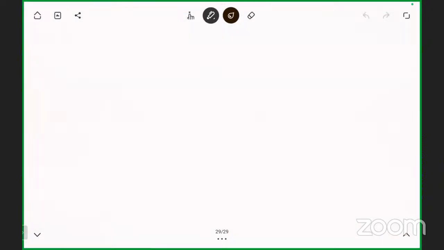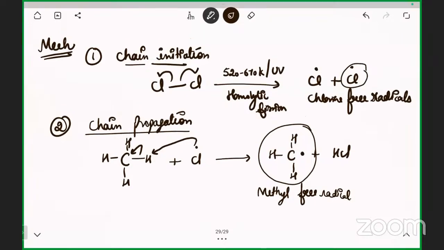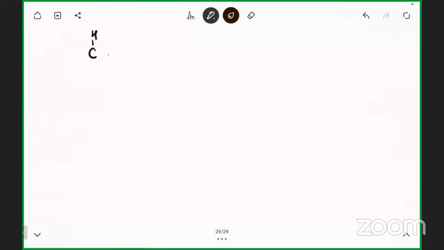Now in this step, what will happen? The methyl free radical, see, one free radical is left here and one free radical is left here. These free radicals react. This CH3 free radical and Cl free radical, they both combine, or you can make the arrow like this also.